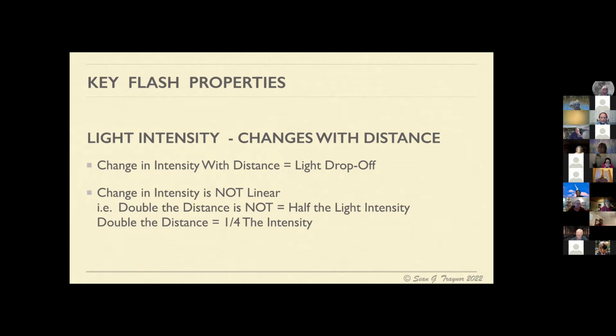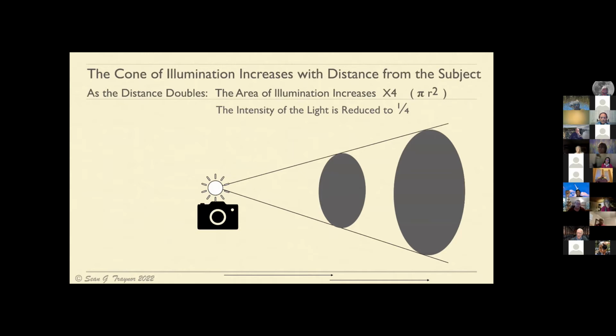How could that be? Well, if you think about light from a flash as going out in a cone from left to right, and this first gray circle is a small circle. If we double the distance, which is what the second gray circle represents, in fact, the area covered by the second circle is 4 times the area of the first one, simply as a result of the fact that the area of a circle is pi r squared.